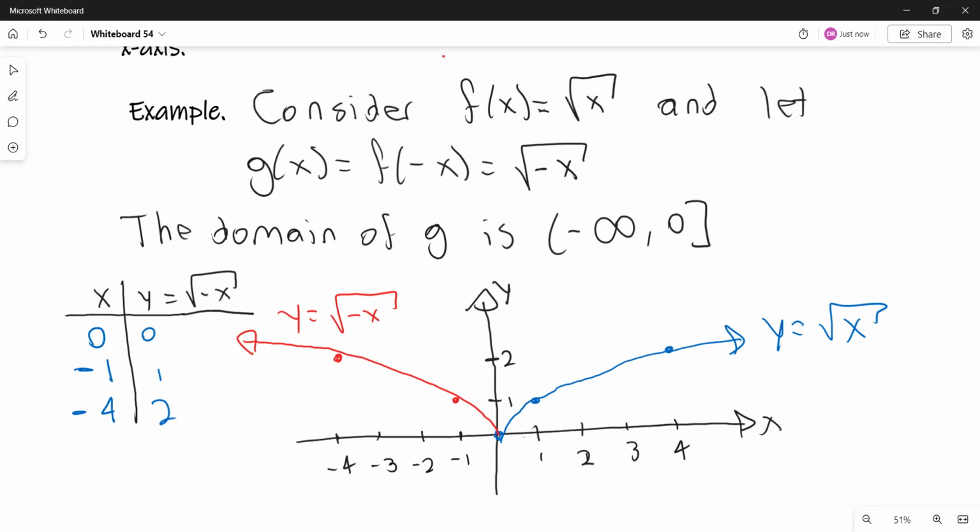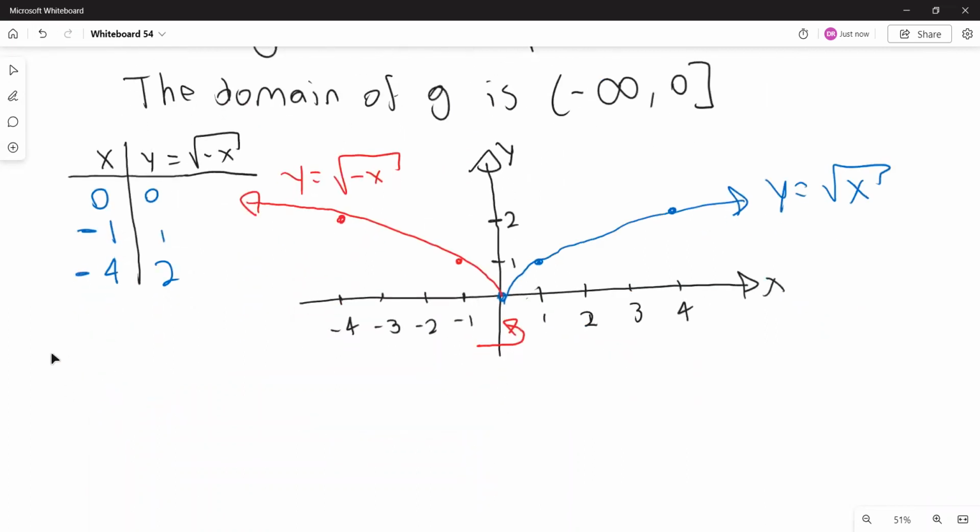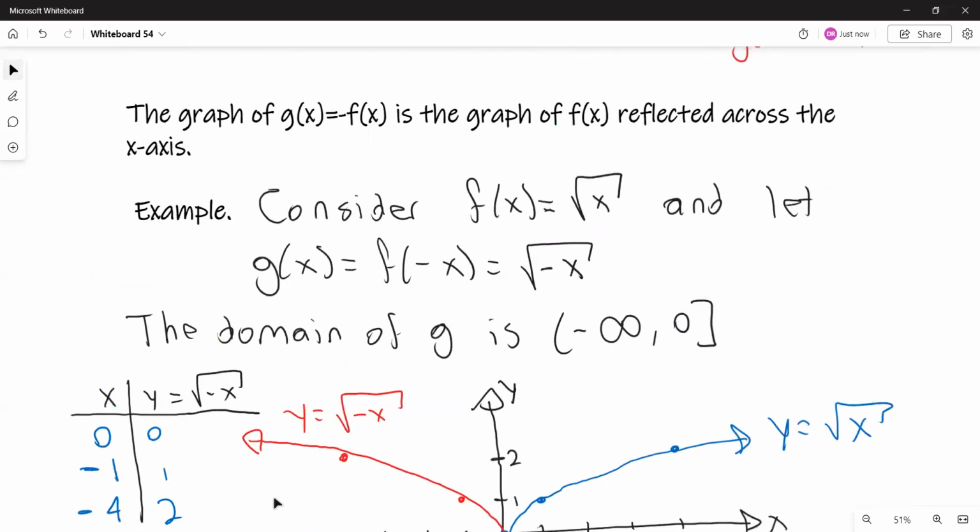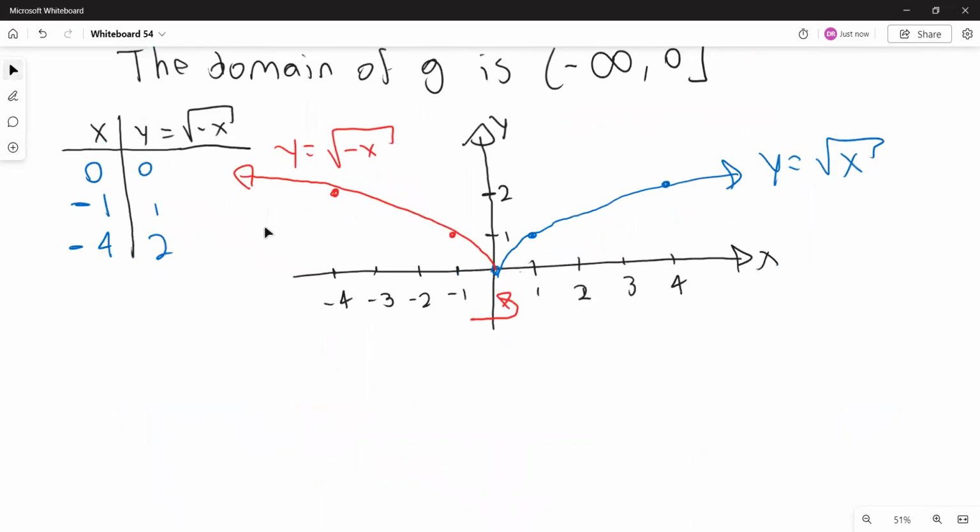Okay, so the function was reflected in this direction. So summarizing the graph of, did I call this G? Well, I call this G again. That's fine.